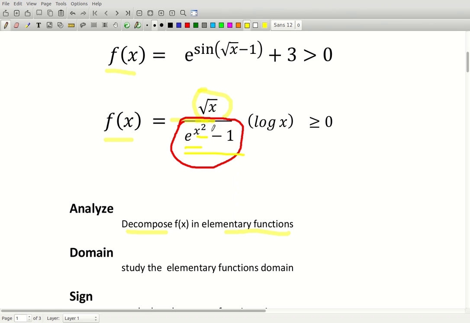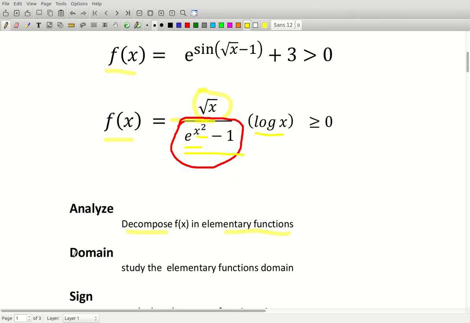Divide, study every elementary function and combine them to see how all these pieces work. And again we have another elementary function, the logarithm. So we have to analyze and decompose our function into elementary functions.